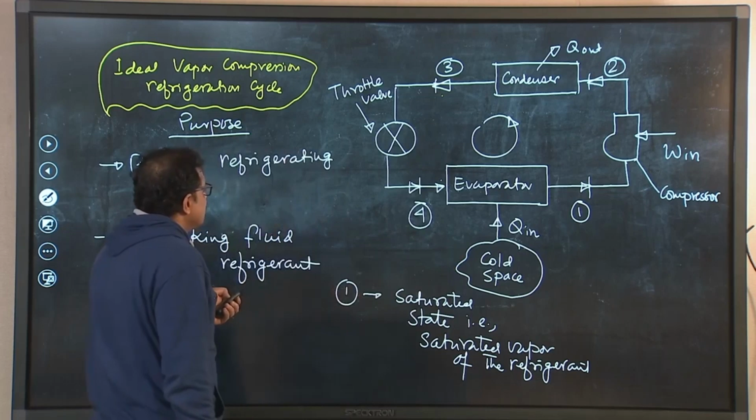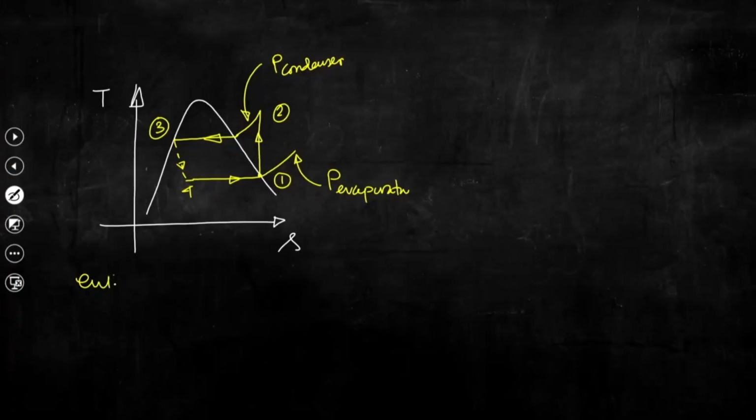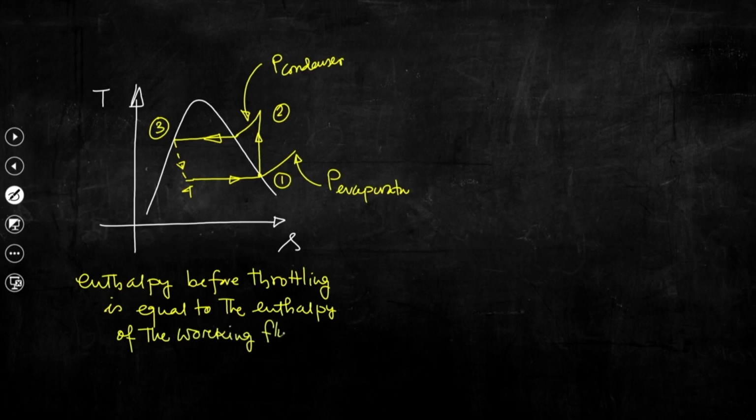So, basically if we write here that the enthalpy of the working fluid before throttling is equal to the enthalpy of the working fluid after throttling.